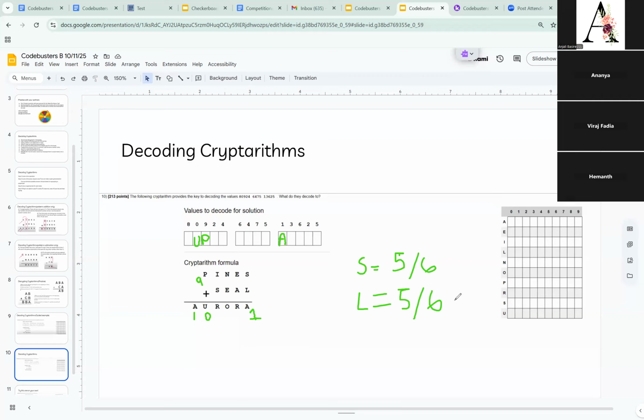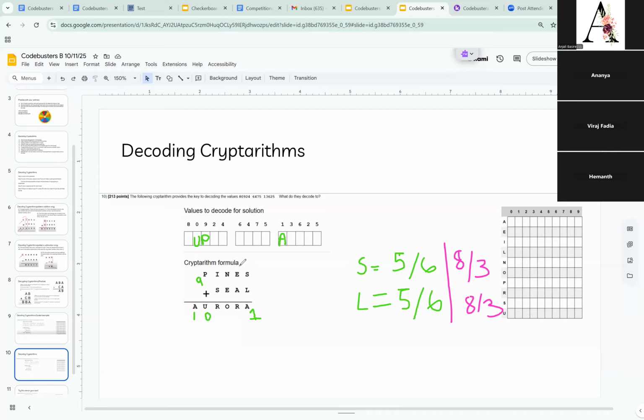L can be either 5 or 6. And you can also have another pair as 8 or 3. Does that make sense, like why we have these two pairs? Yeah.